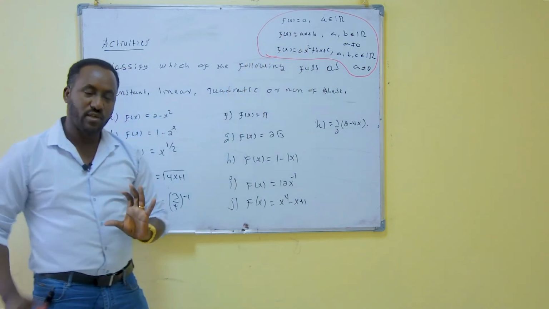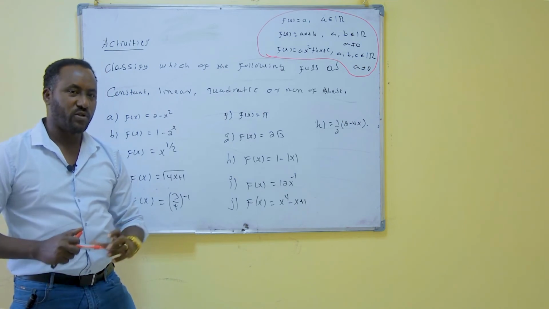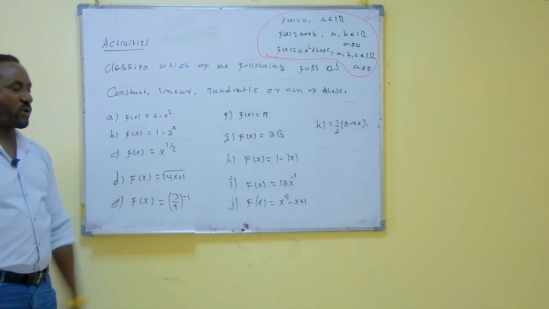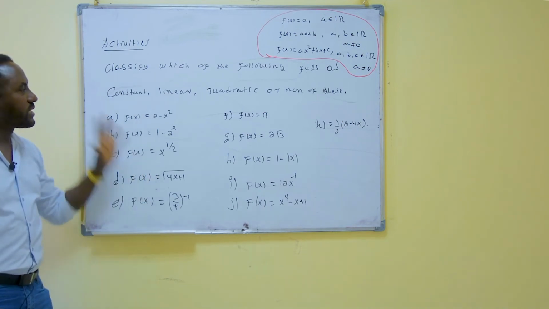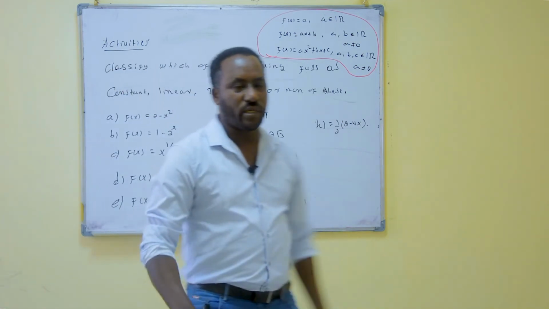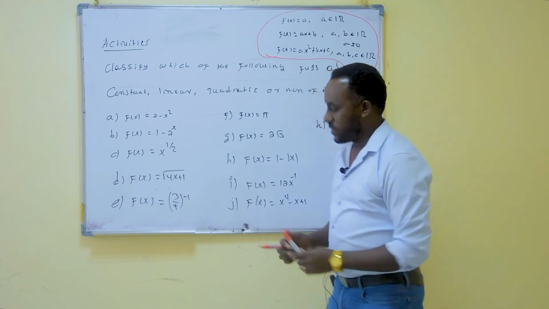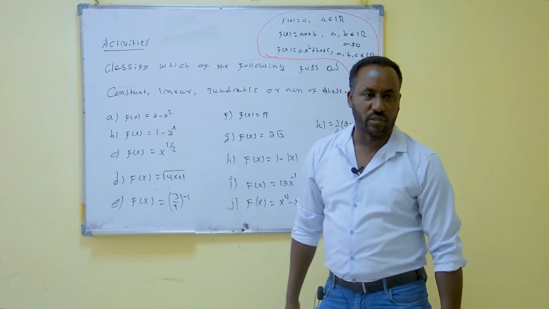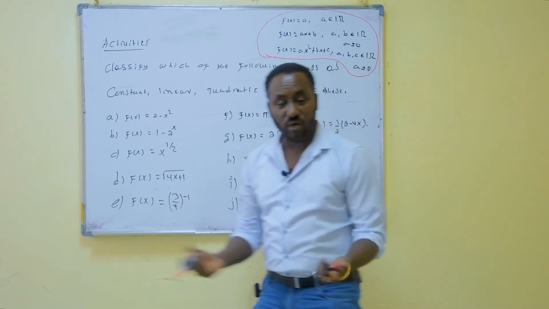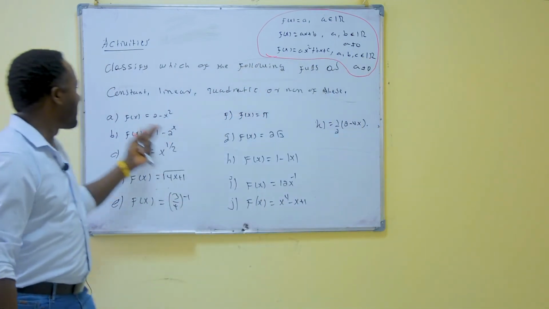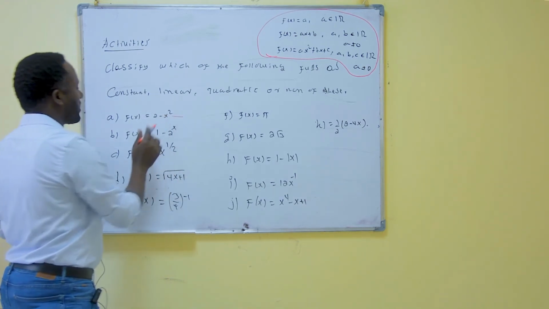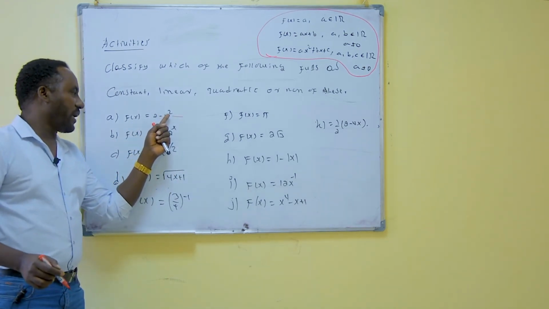So based on this concept, you are expected to answer these questions. You are expected to classify these as constant, linear and quadratic, or none of these. So what do you think about this one: 2 minus x squared? Is it quadratic or not? This is quadratic, because you have to see the exponent of the variable.